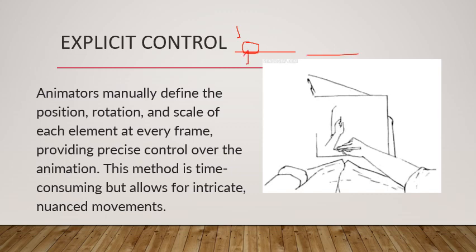In the second frame, the ball is in the second position, and in the third frame, the ball is in the third position. If we play these three frames one by one, we will get the animation. This type of animation control technique is called explicit control.